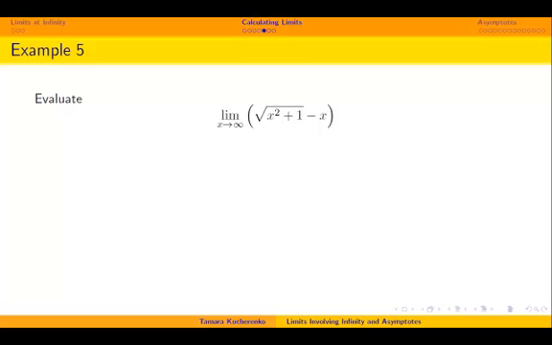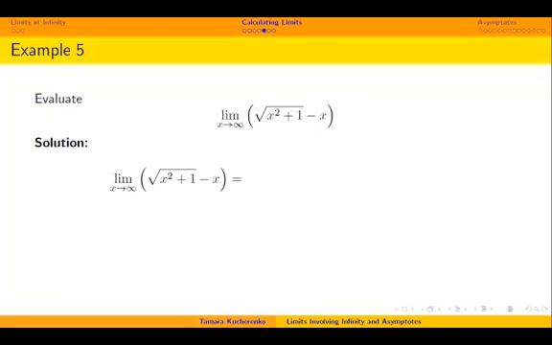The fifth example is to evaluate the limit as x approaches infinity of the square root of x squared plus 1 minus x. Again, when x is large, both the square root of x squared plus 1 and x are large, so it is difficult to say what happens to their difference.